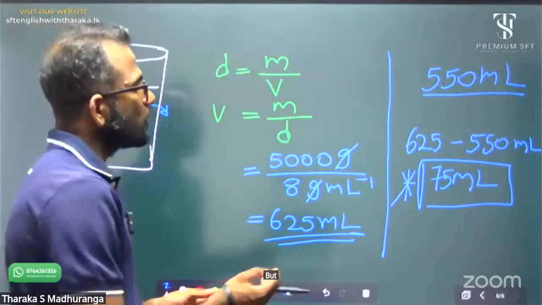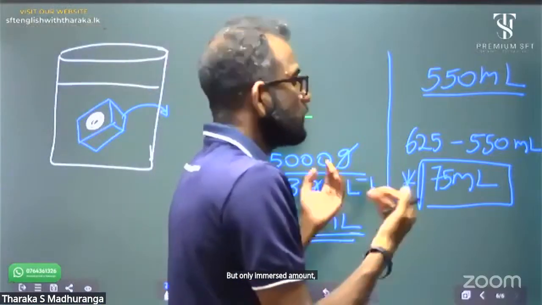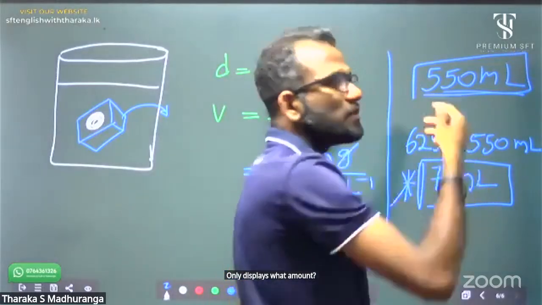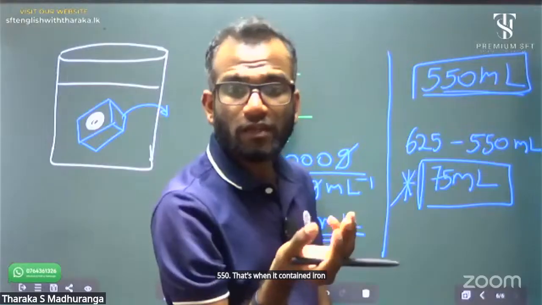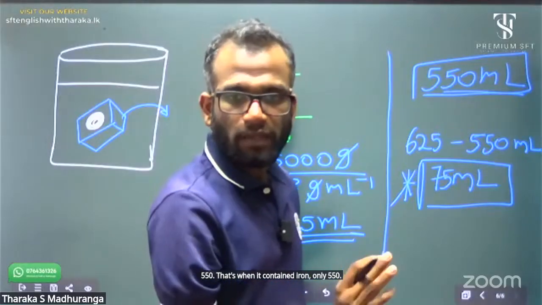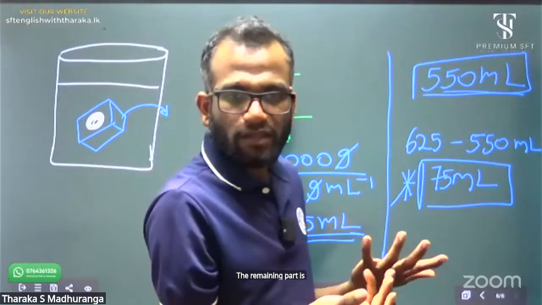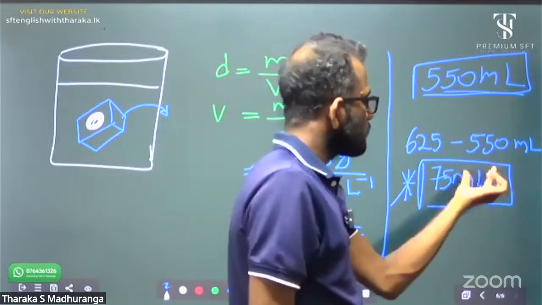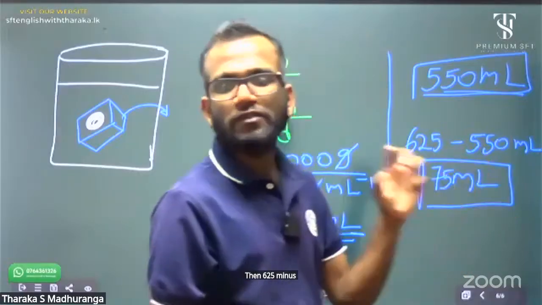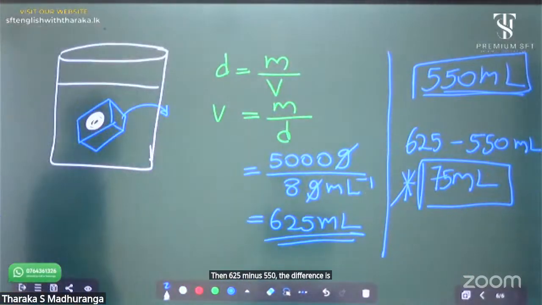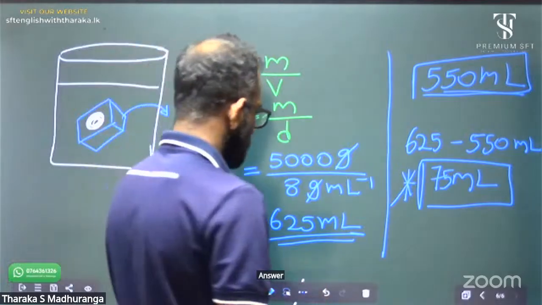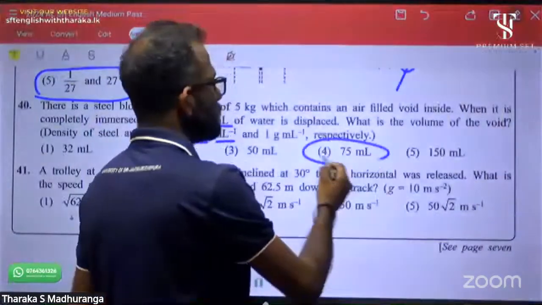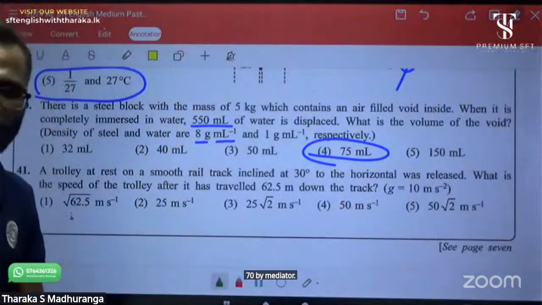But only the displaced water amount is 550. That means it contains iron of only 550. The remaining part is space. Then 625 minus 550, the difference, is the space volume. Understood? Answer number, 75 milliliters. Understood, Kabir?